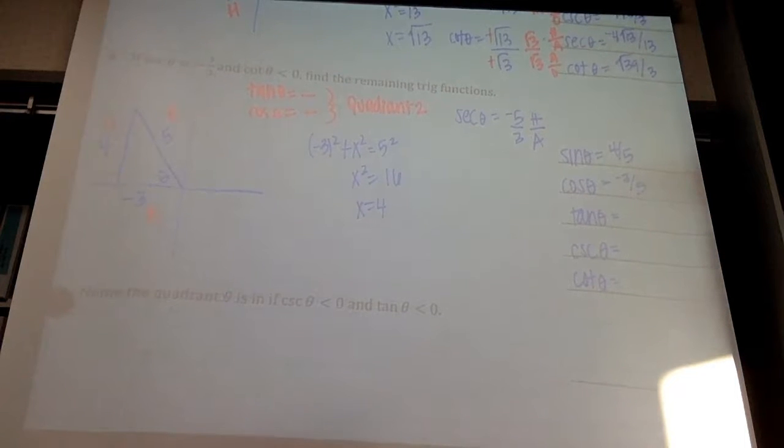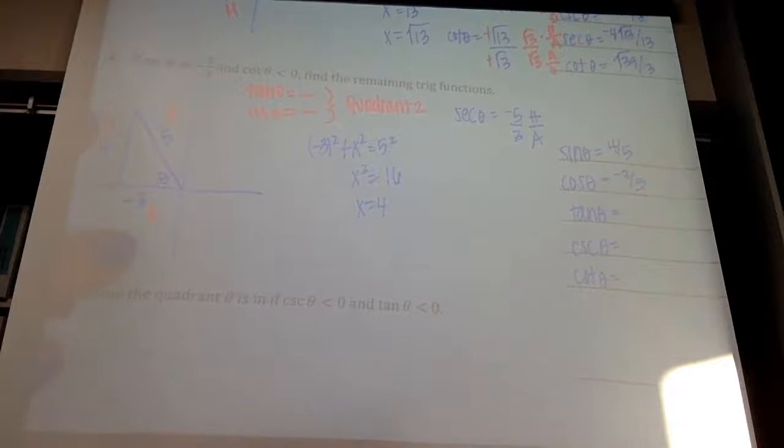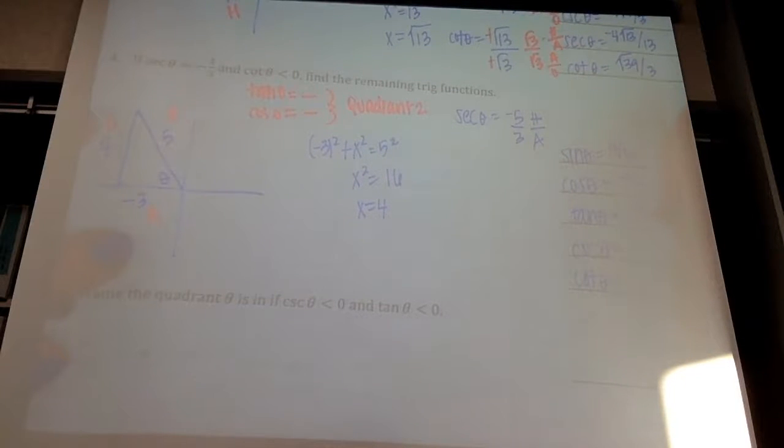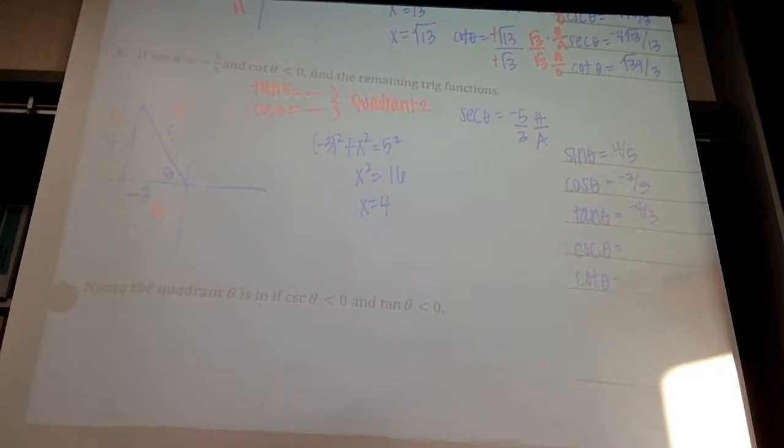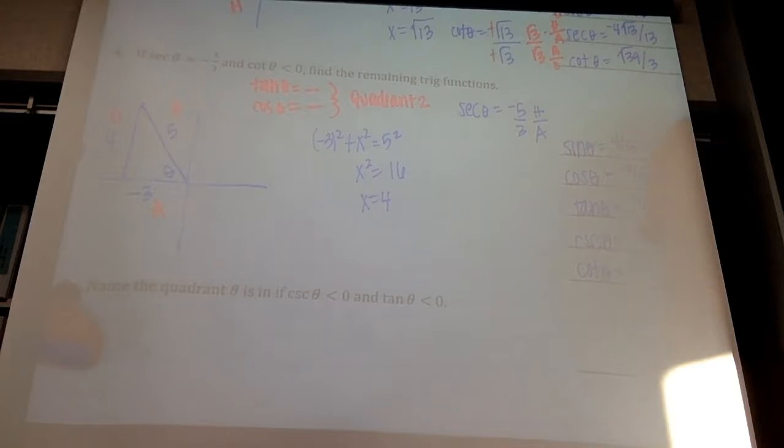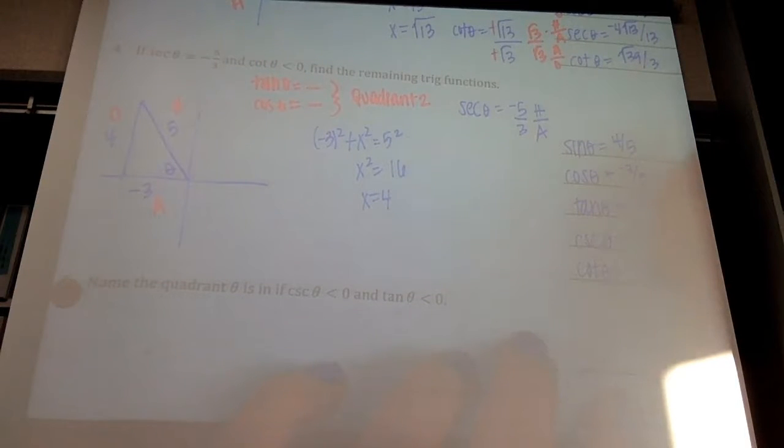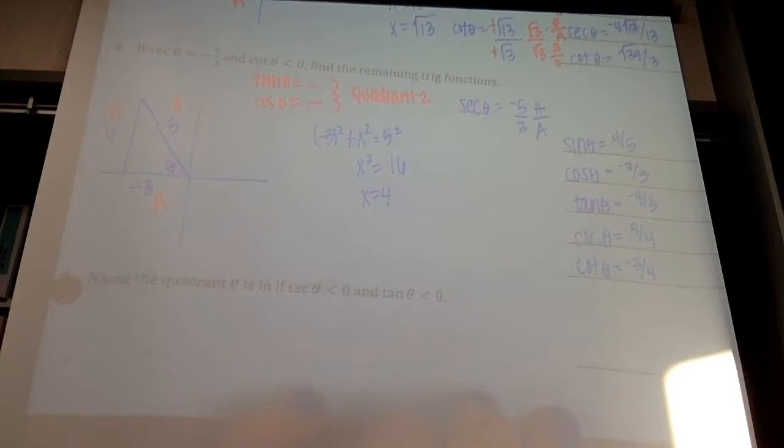So 5 over 3, we flip it to get negative 3 over 5. Tangent, opposite over adjacent, so negative 4/3. Cosecant is hypotenuse over opposite, or we could flip sine, same thing, 5 over 4. Cotangent is the reciprocal of tangent, or it's adjacent over opposite, so negative 3/4. And that does it for 4. That one's nice and easy because there's no rationalizing the denominator there.